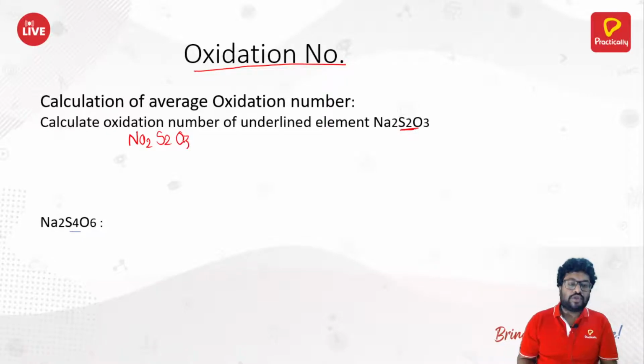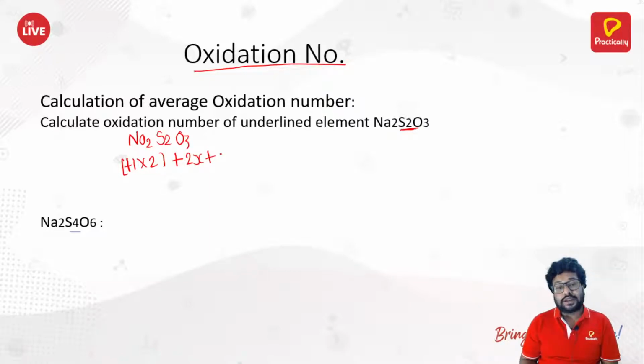Now, sodium is an alkali metal. We had seen that its oxidation state is always plus 1. You have 2 sodium, right? So plus 1 into 2. We don't know the oxidation state of sulfur, but there are 2 sulfur atoms. So we will write 2x, right?